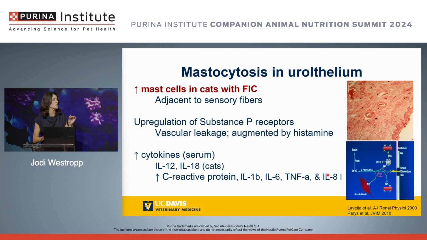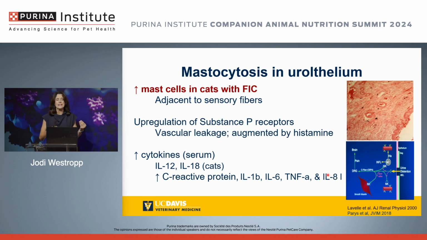Furthermore, upregulation of substance P receptors, which in the bladder have been shown, and those also sit right next to the vasculature, contributing to vascular leakage. But also with mast cells being so close, the release of histamine augments this and perpetuates the inflammation.